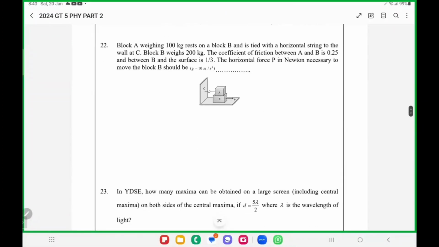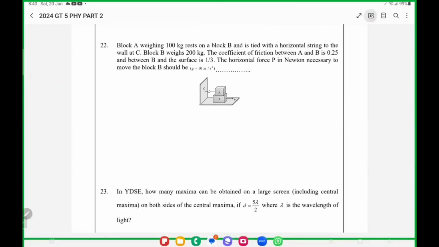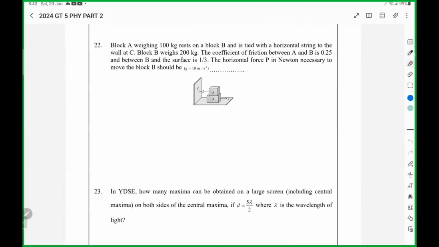Here, block A is weighing 100 kg, rests on a block B. Here you have a block B. Once you apply a force, frictional force acts on this side.